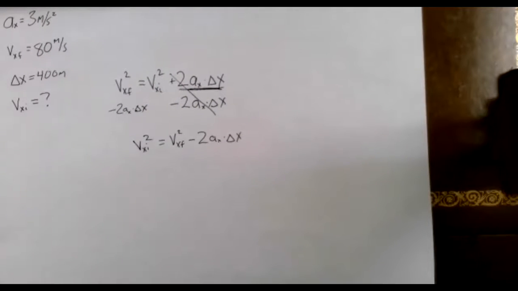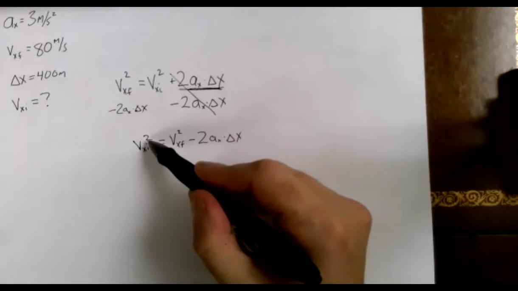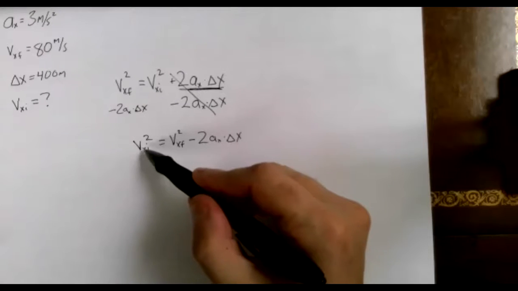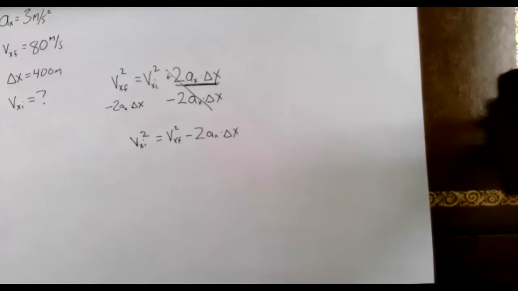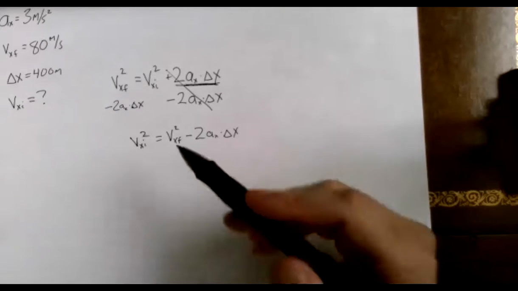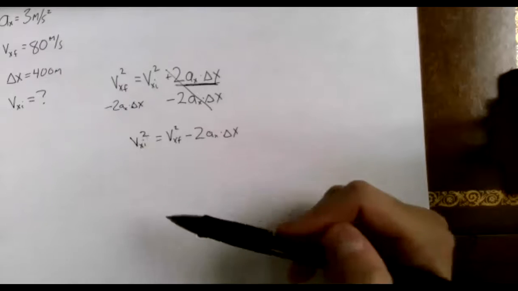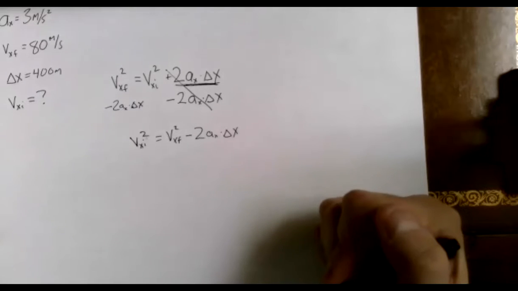And I'm almost ready to plug in, but I'm not looking for VXI squared, I'm just looking for the initial velocity VXI. So what do I want to do to this equation to make sure I just get the initial velocity? I'm going to undo this square. How do I undo a square?